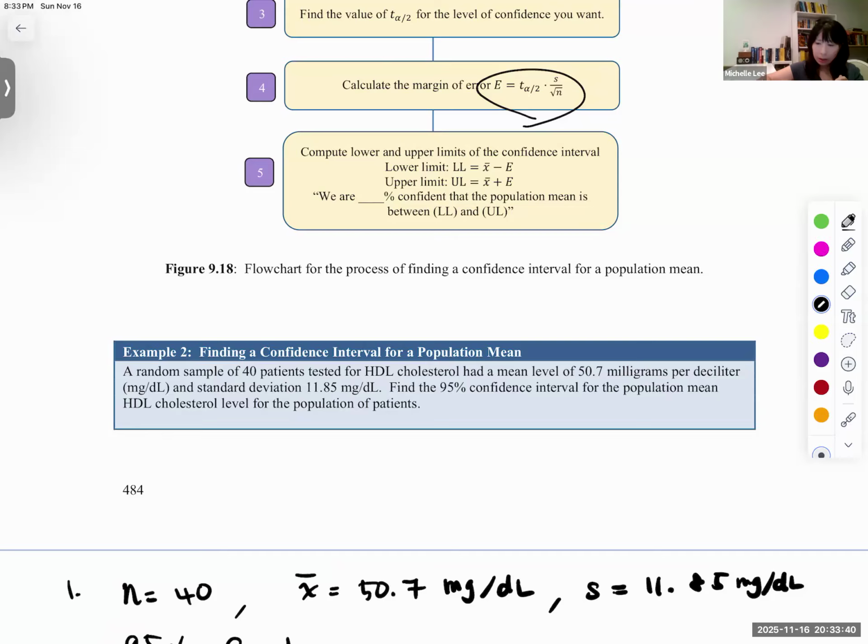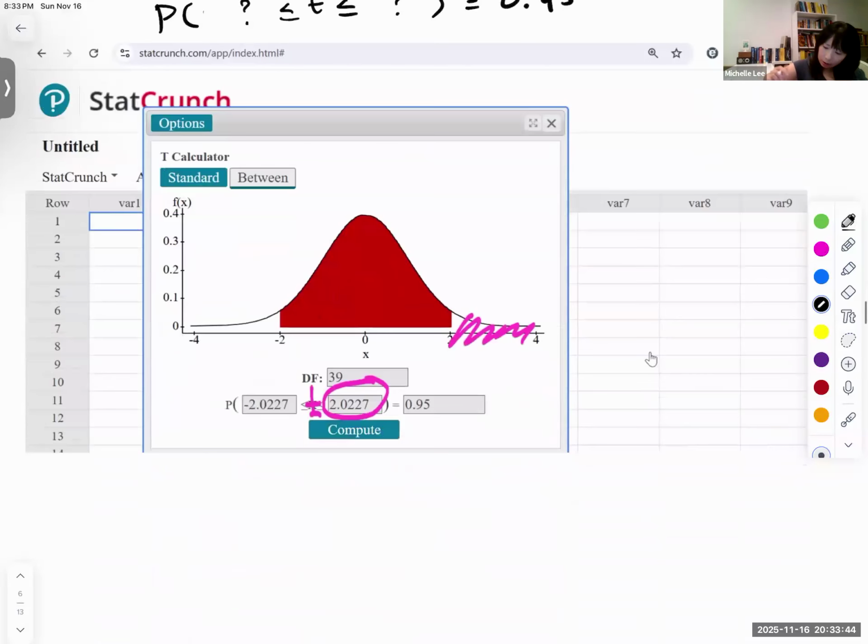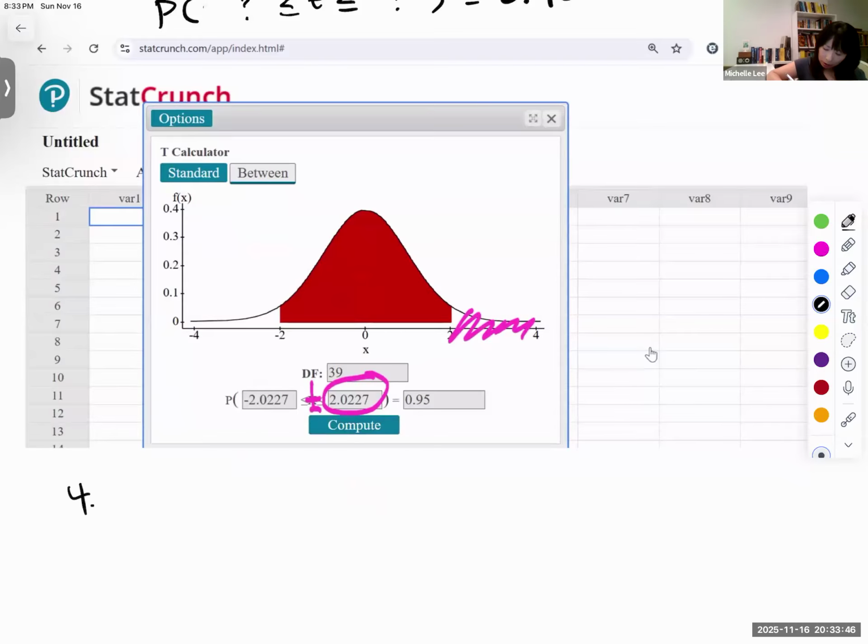The standard error is s over the square root of n in this case.